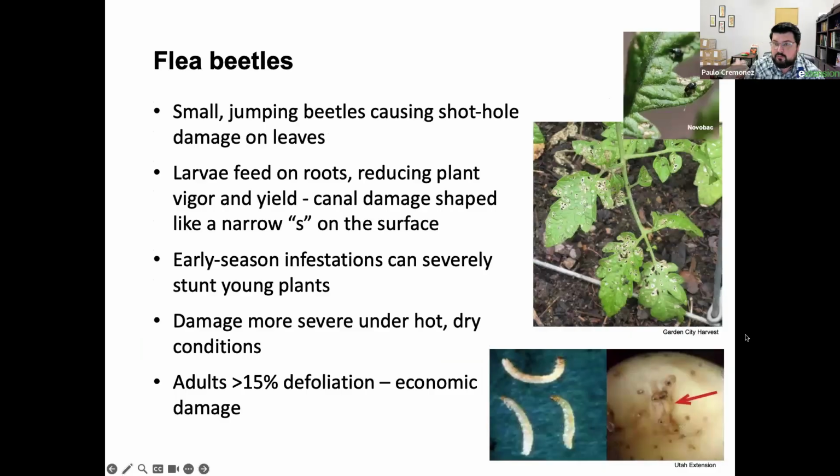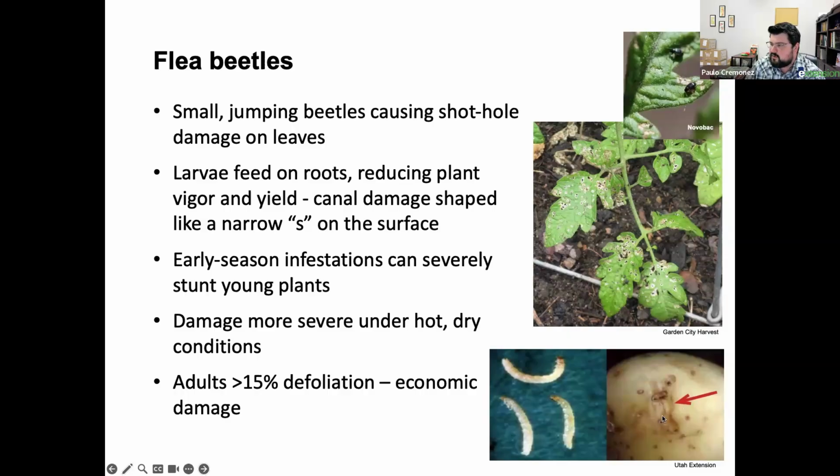Also on the same note, kind of include here the flea beetles. So they are small jumping beetles that cause a shot hole damage on leaves. It can be seen here on this tomato plant. The larvae feed on the roots or on the potato developing, and they reduce plant vigor and yield.